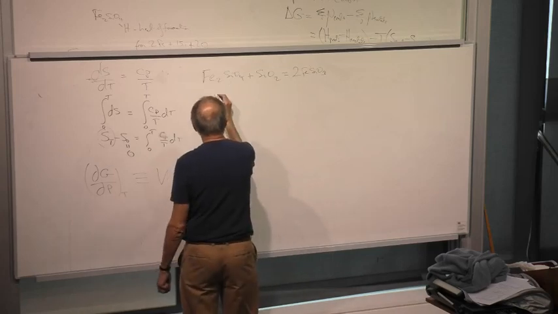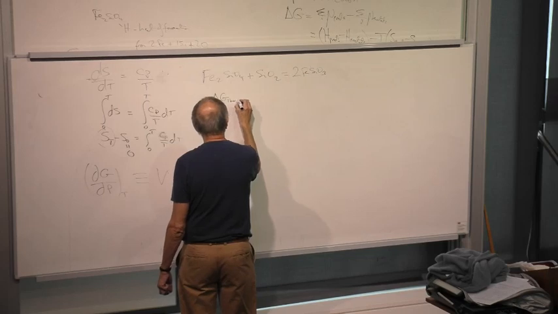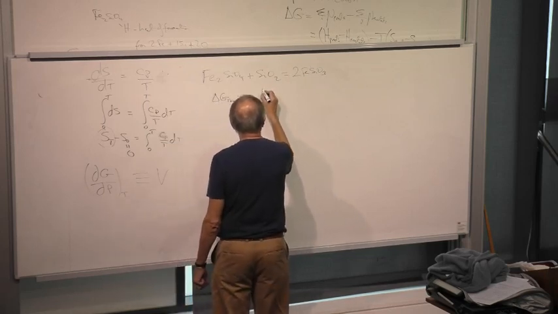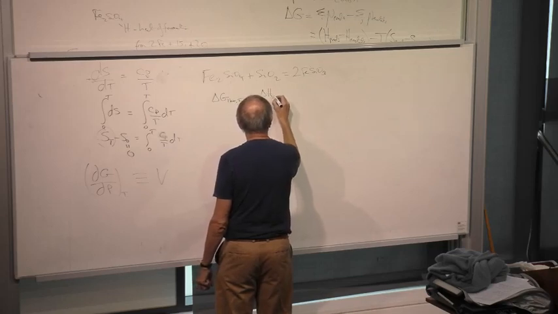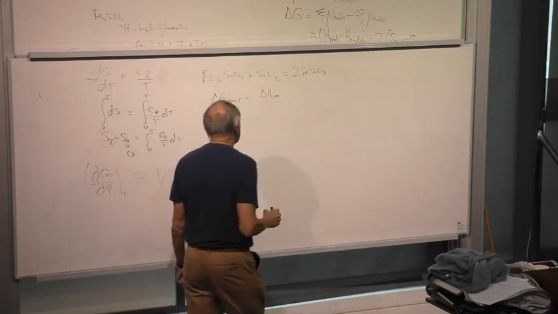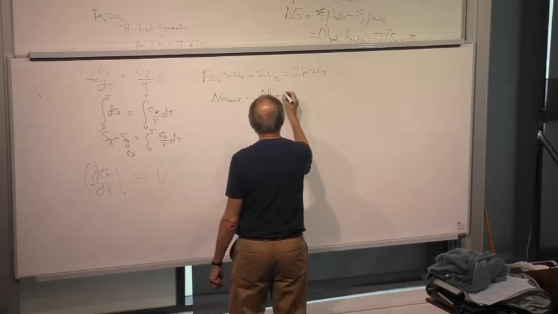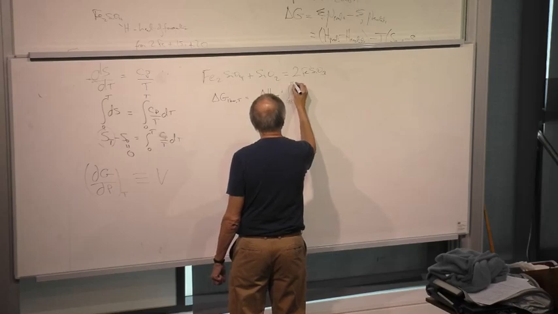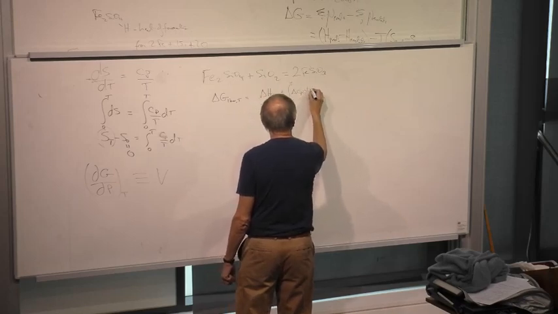So delta G at 1 bar and temperature T is equal to delta H at 1 bar and 298 degrees, room temperature, plus the integral from 298 to T of delta Cp dT.